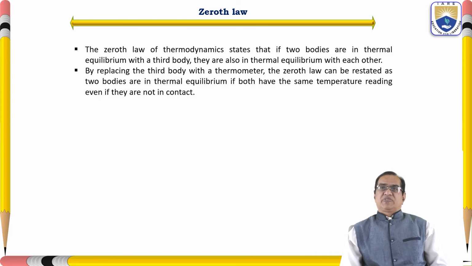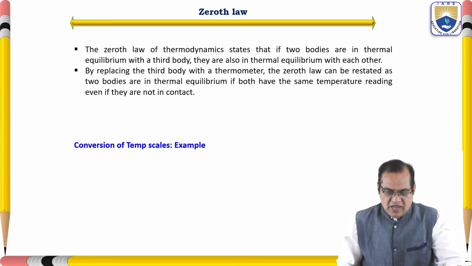If we replace the third body with a thermometer, the Zeroth law can be restated as: two bodies are in thermal equilibrium if both have the same temperature reading, even if they are not in contact.